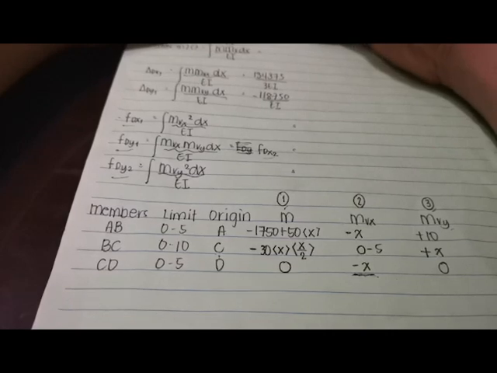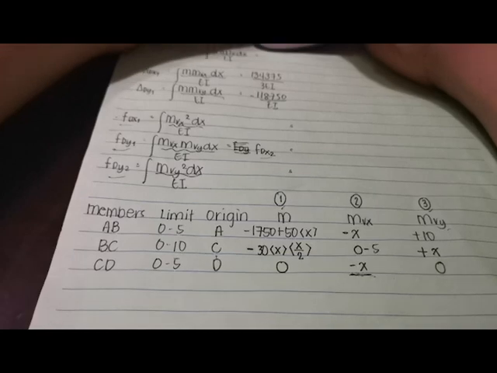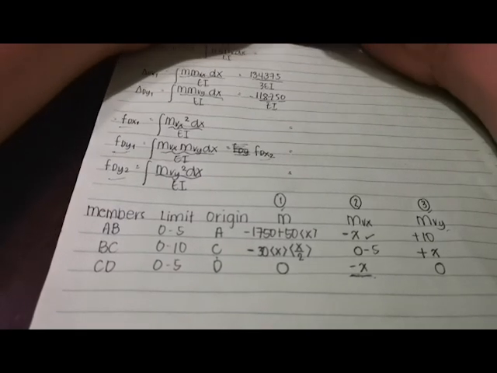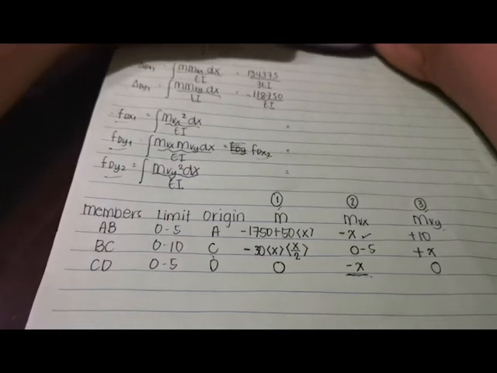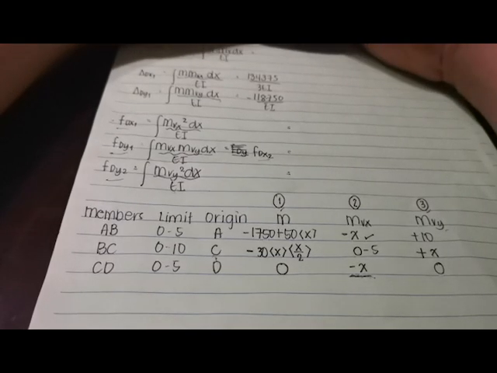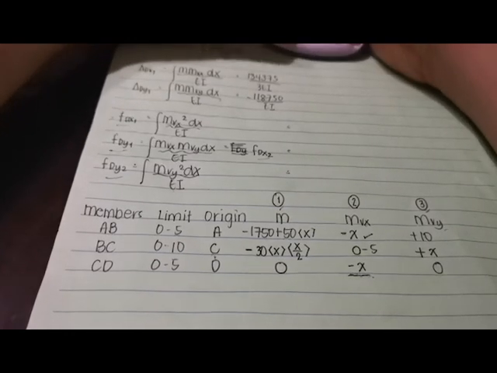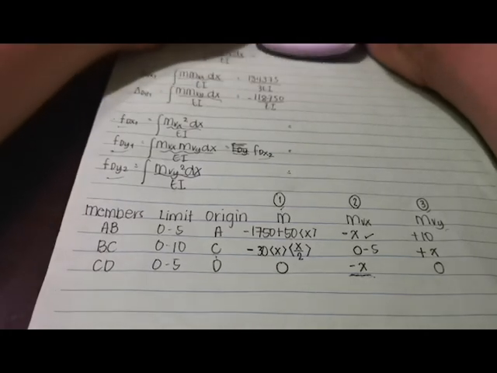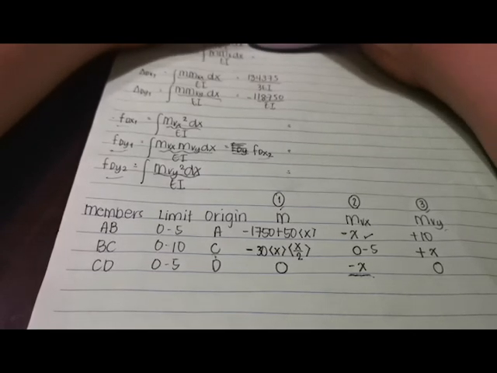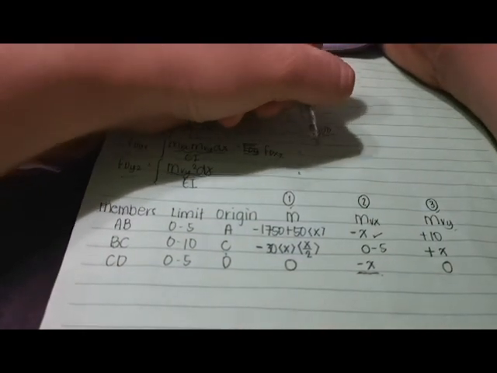Okay, f dx1 is just equal to the integral of x multiplied by x squared from 0 to 5, plus the integral of 10 squared, rather, mali, times negative 5 squared from 0 to 10, plus the integral of negative x squared from 0 to 5 again. This is equal to 1,000 over 3EI.